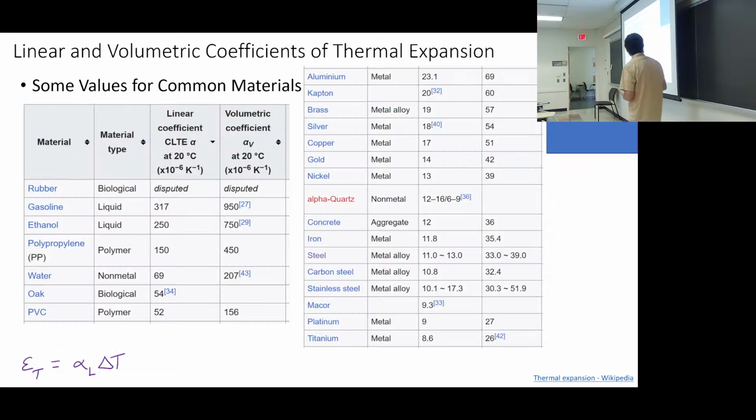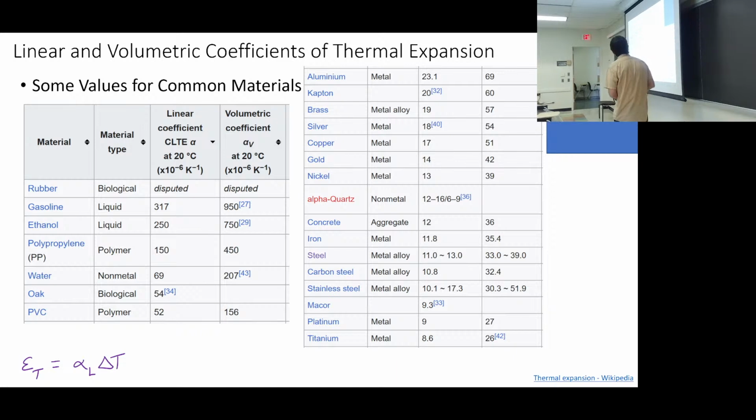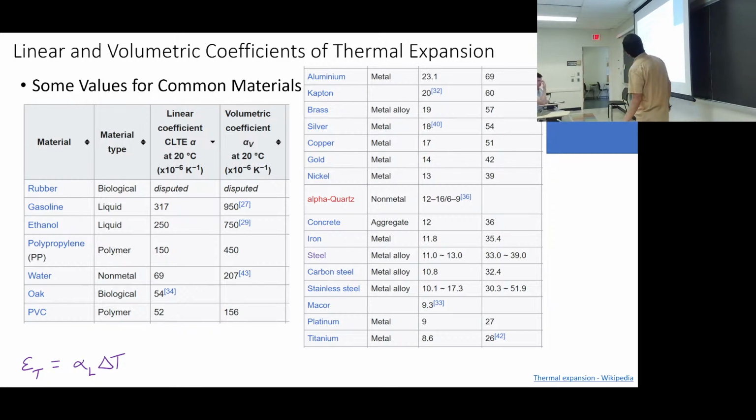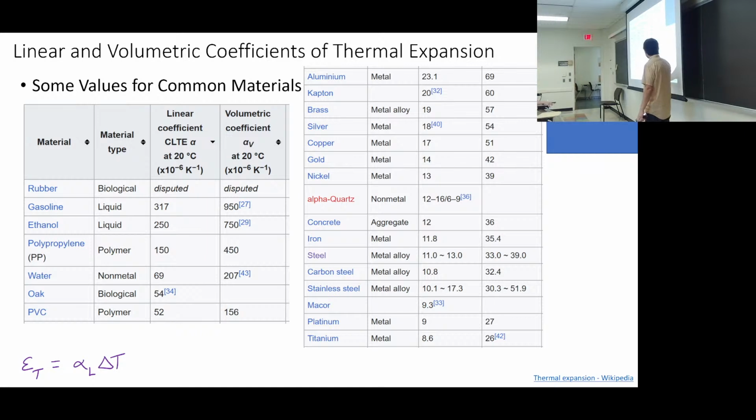Okay? So here are a bunch of linear and volumetric coefficients of thermal expansion. What is the factor between these? 9, 27, whatever, almost 9, almost 27. 10, 30, it's a factor of 3.